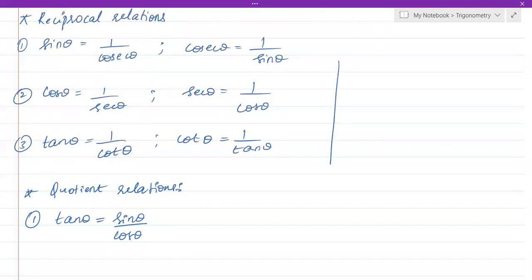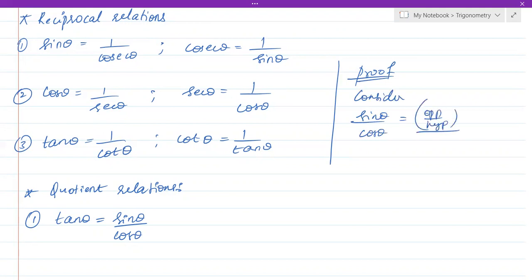Let's prove that here. Proof. See, let's consider sine theta by cos theta. Now, what is sine theta? It is opposite by hypotenuse. And what is cos theta? It is adjacent by hypotenuse. Now we know that if you have something like a by b divided by c by d, what do we do? We take a by b as it is, multiplied by the reciprocal, d by c, isn't it? So we'll use the same logic here.